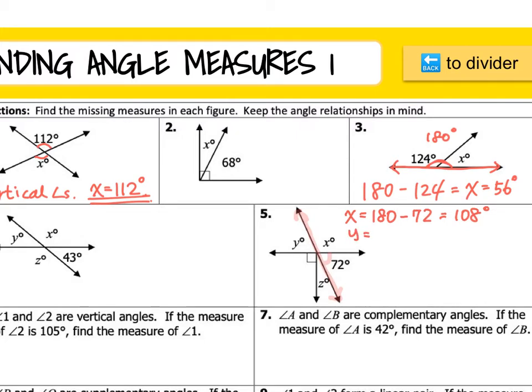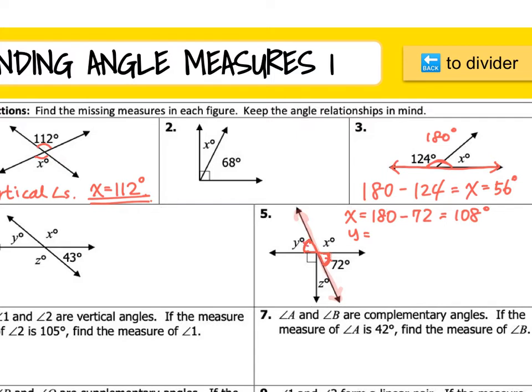And now looking for Y. You can find the angle measures in different ways, but let's see which is the easiest way. Do you see the 72 right here? That's facing angle Y. Does that look like a bow tie? Yes. If you have that, what does that mean?